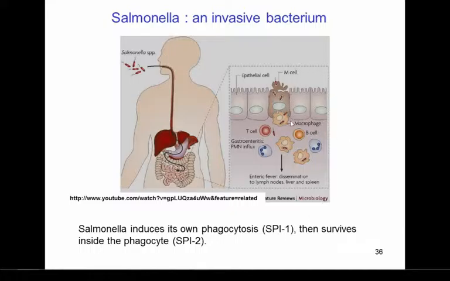They're transported across the epithelial barrier. Then they're phagocytosed by macrophages, which would normally kill them. Normally this would be a career-ending move for bacteria, because they're going to be killed. But proteins on another pathogenicity island, SPI2, allow the bacteria to survive within the phagocyte.